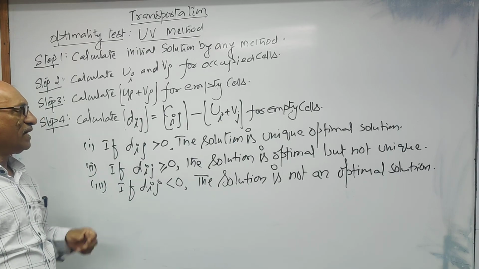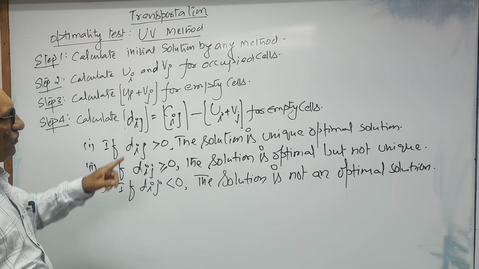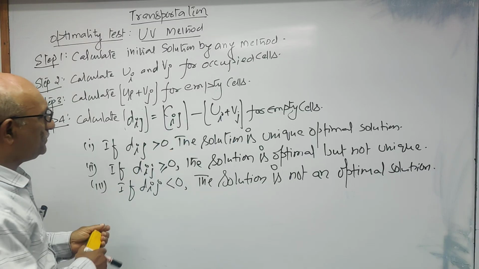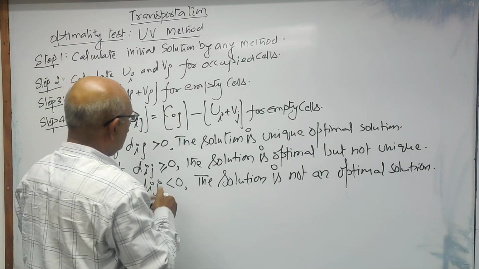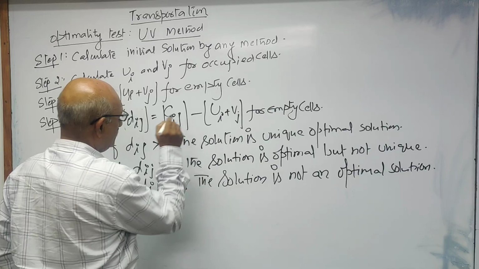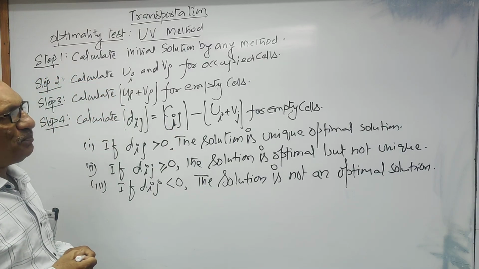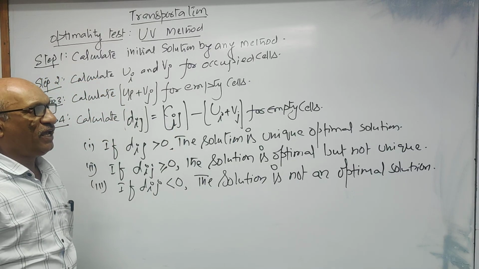Finally, Dij matrix, this is equal to Cij matrix minus Ui plus Vj for empty cells.